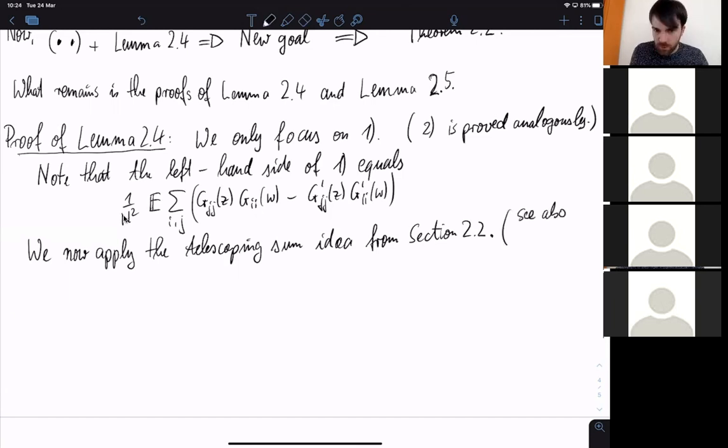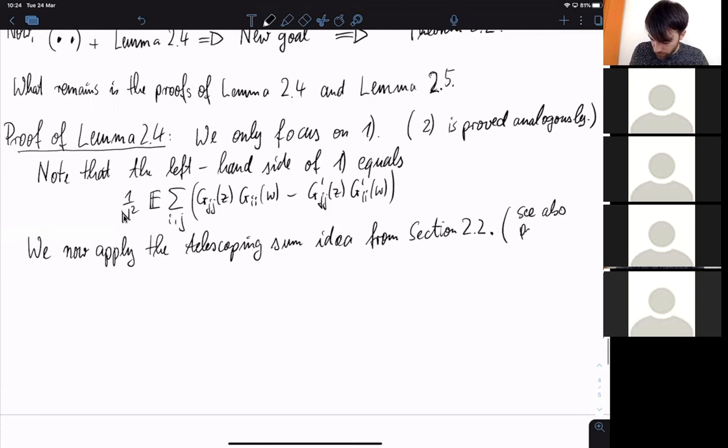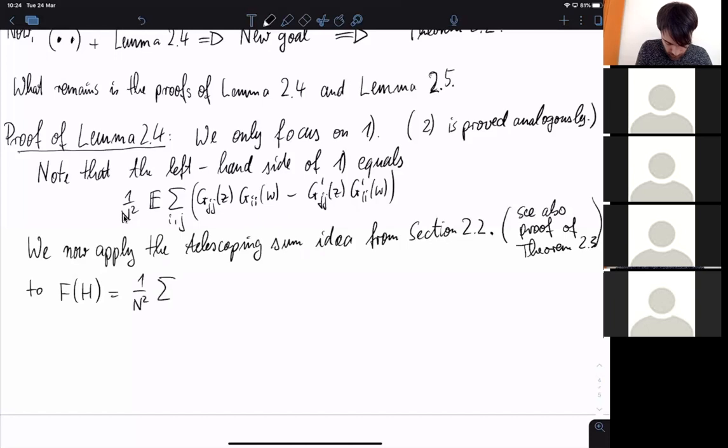See also the proof of theorem 2.3. We apply it to this function f, which is 1 over n squared sum over i, j of G_ii(z) G_jj(w). Now I changed z and w, but that doesn't matter.